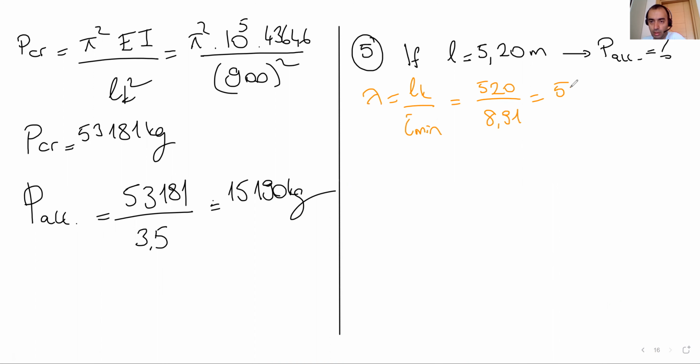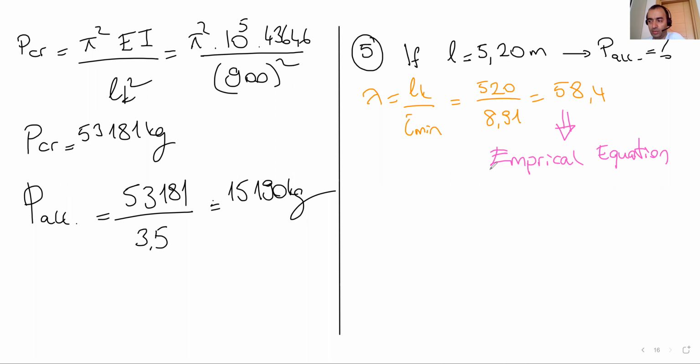Okay. Lambda is 58.4. So that means the empirical equation works for us. Yes, we will use the empirical equation given in the question.